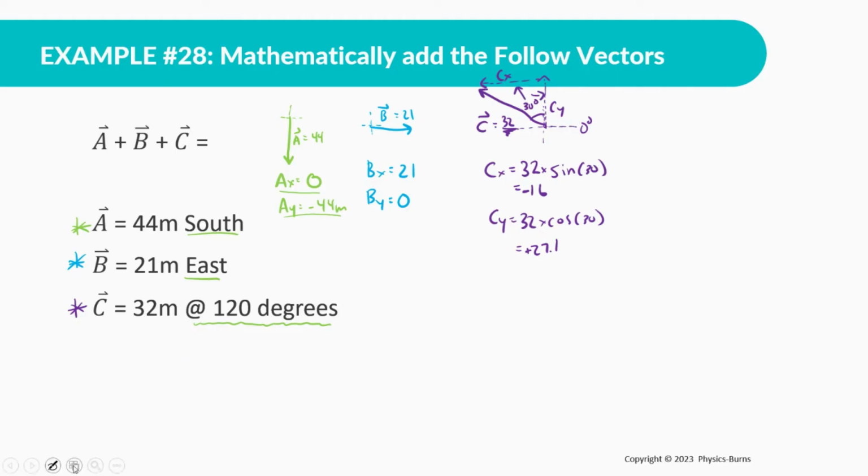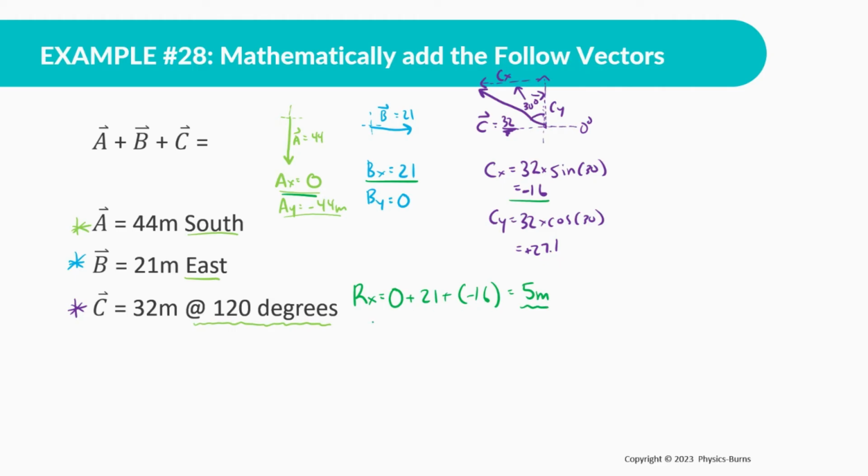Okay, so now that we have all the components in the x and the y, we're just going to try to find the resultant vector in the x and in the y. So the resultant vector in x is 0 plus 21 plus negative 16. Now we should have positive 5, and this is meters.